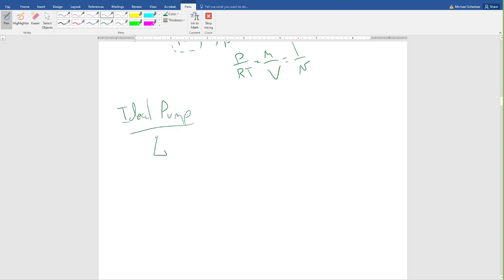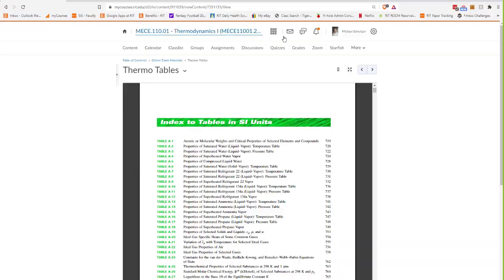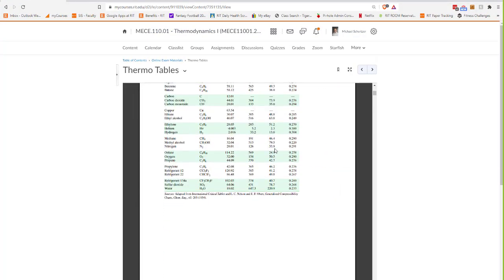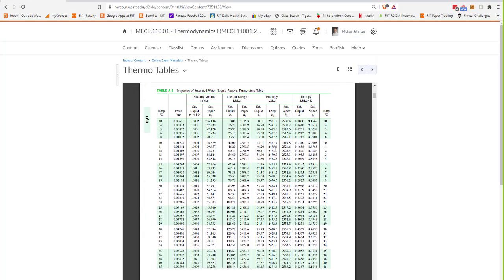You said that v was almost always 0.001 meters cubed per kilogram. If it's water, you can look them up. Let's see if I can bring up some tables over here. I just want to know why it's almost always 0.001, versus looking through the table. Well, it's kind of incompressible, right?